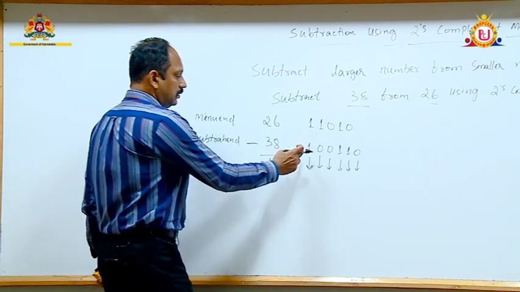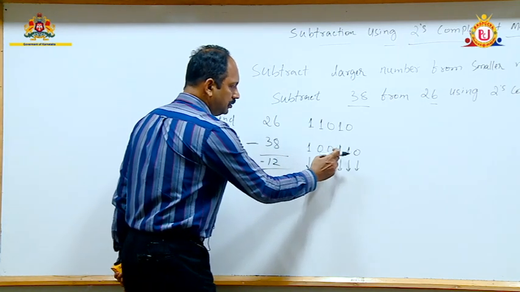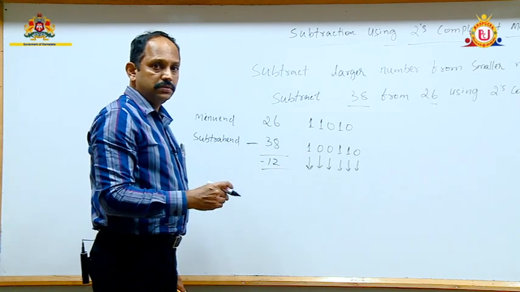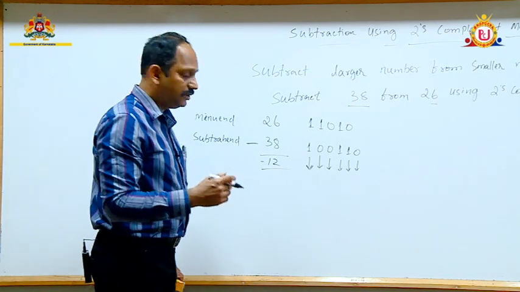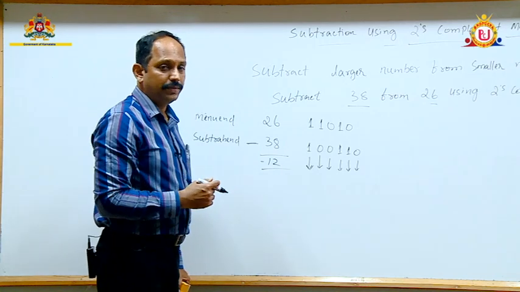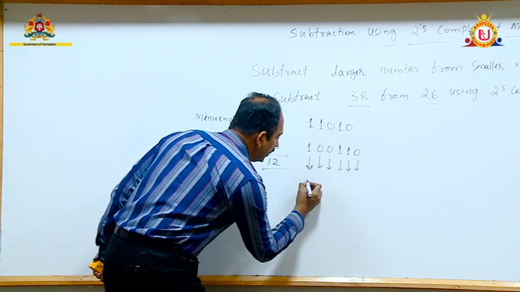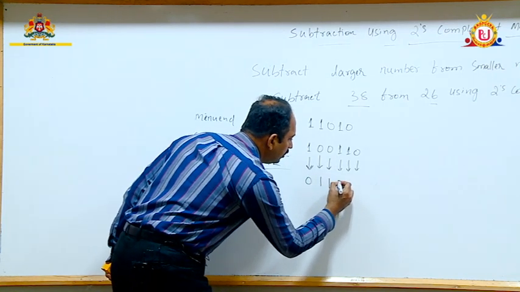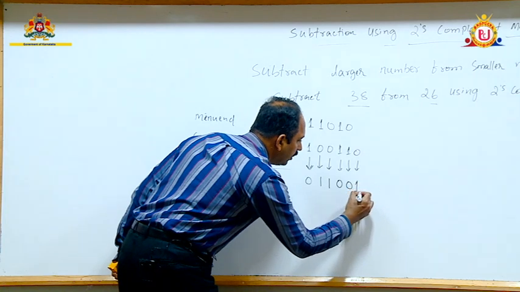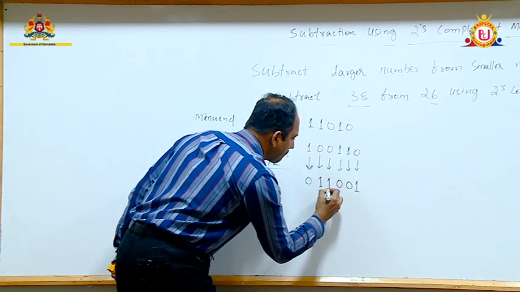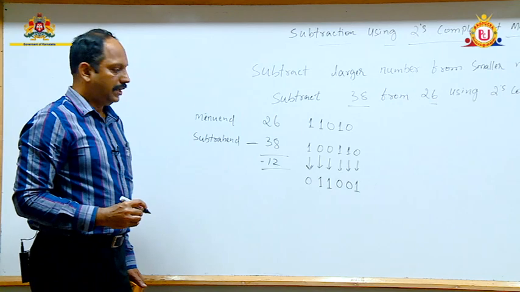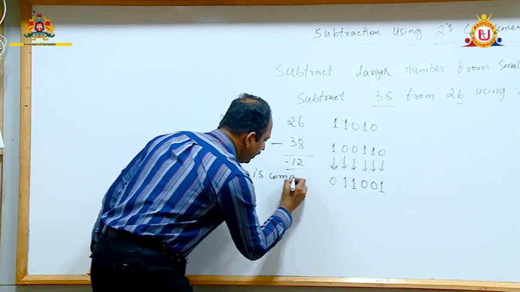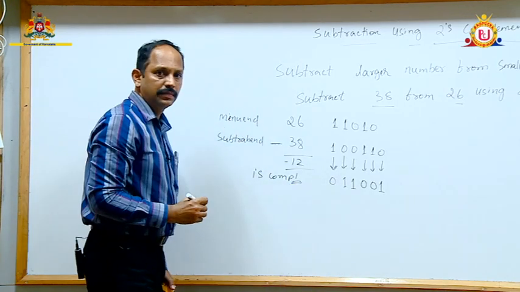So the 100110 is changed to 1's complement as the first step in getting the 2's complemented number. So this 1 is written as 0 and this 0 is written as 1, 1, 0, 0 and 1. Now this value is the 1's complemented number.